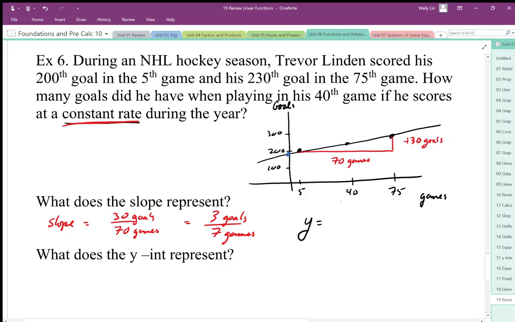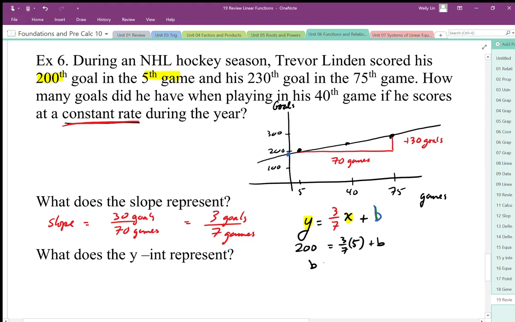So Y equals our slope of 3 over 7 times the number of games plus the unknown Y-intercept, so plus B. We can plug in a convenient point. I'm going to use the relationship of 5 games, 200 goals, and plug that into X and Y. So 200 goals in 5 games.